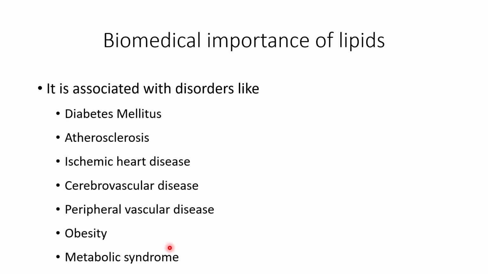Derangement of lipids is also seen in metabolic syndrome, which again acts as a risk factor for various other disorders. So these are the very important disorders associated with lipid abnormalities. What these disorders are and how lipid affects them, we will see in subsequent lectures.